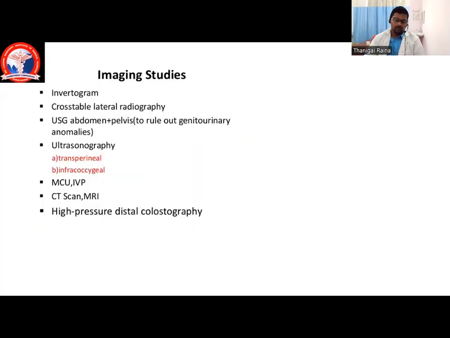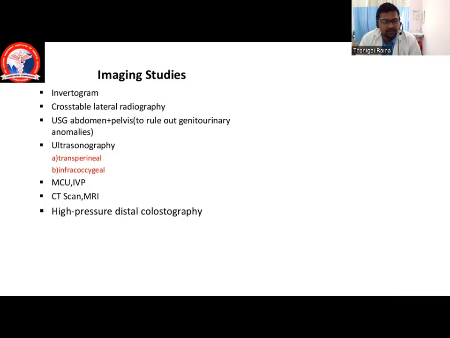So coming to what are the imaging studies we can do to confirm or to evaluate what type of defect the baby is having. First thing is invertogram, cross table lateral radiography, USG abdomen and pelvis to rule out genitourinary anomalies, transperineal or infracoccygeal ultrasonography, micturating cystourethrography, intravenous pyelography, CT scan, MRI, and high pressure distal colostography.